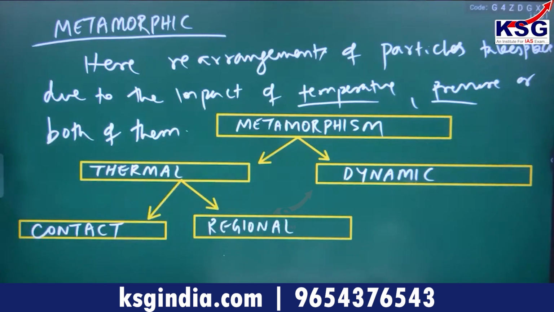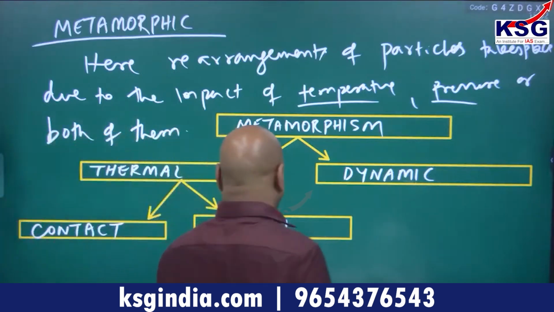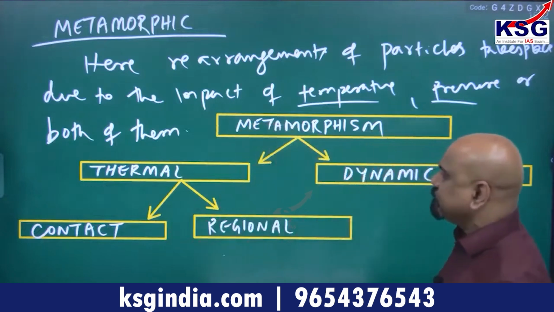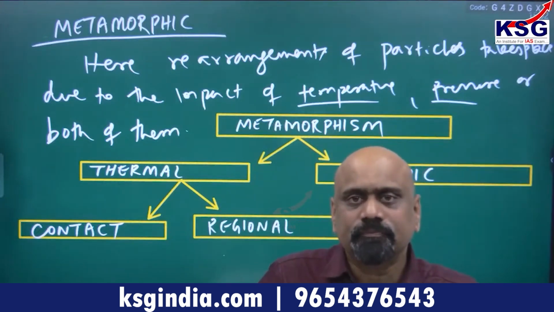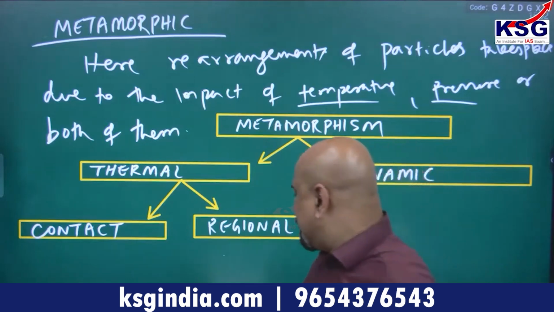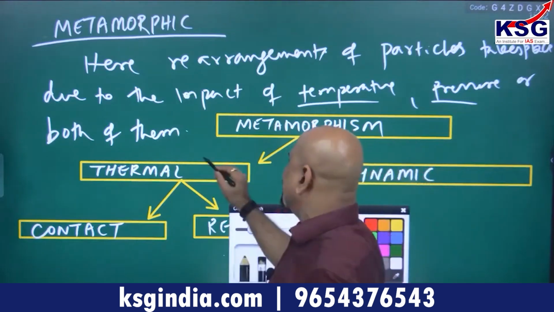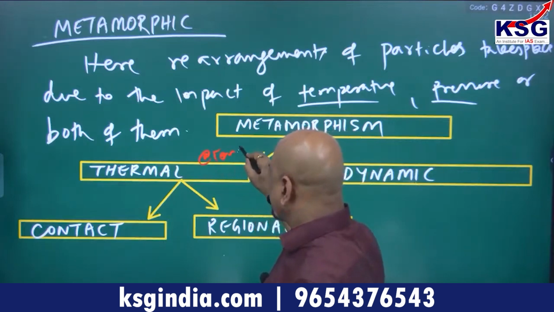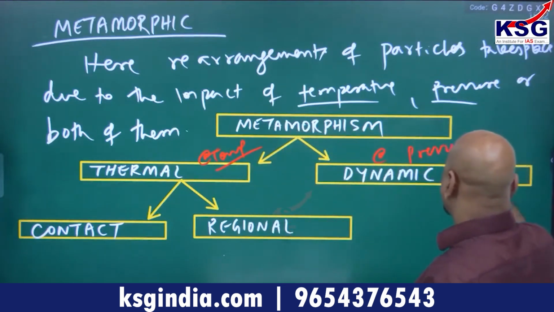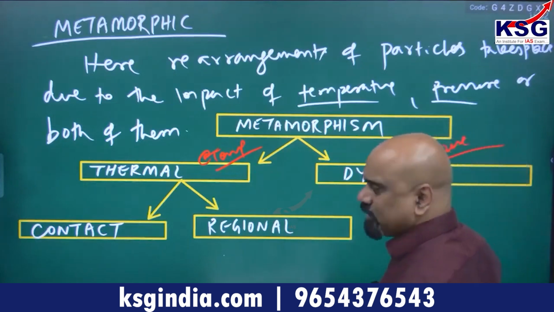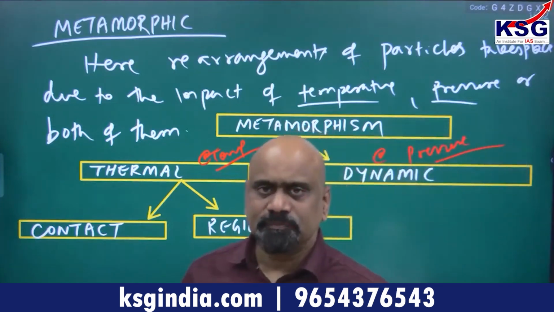Please note it down. Metamorphism is a process in which there is rearrangement of the particles. Right? If temperature is the dominant one, then it is thermal. If pressure is the dominant one, then it is dynamic.